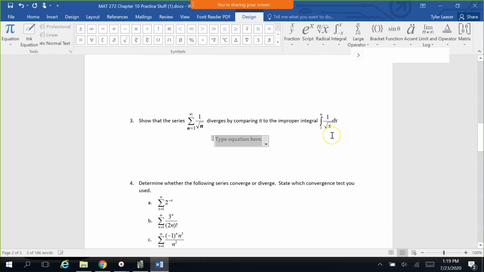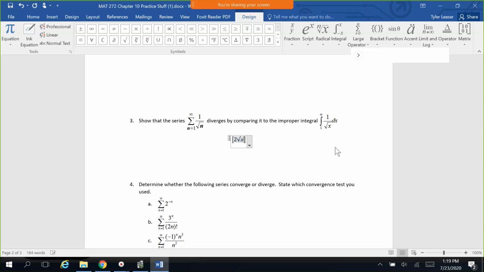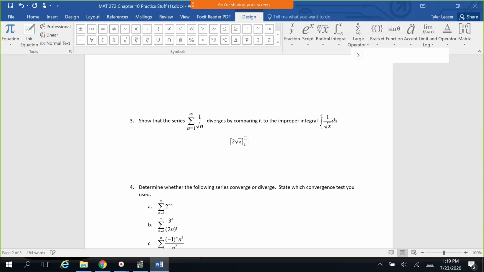So just real quick, if I find the antiderivative here, the antiderivative of 1 over square root x is, I think it's just 2 square root x. We'll go with that. I'm pretty sure that's right. And then this is going from 1 to infinity.